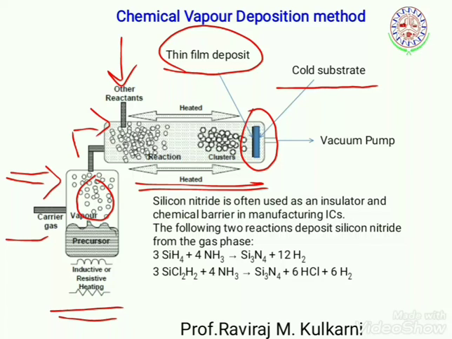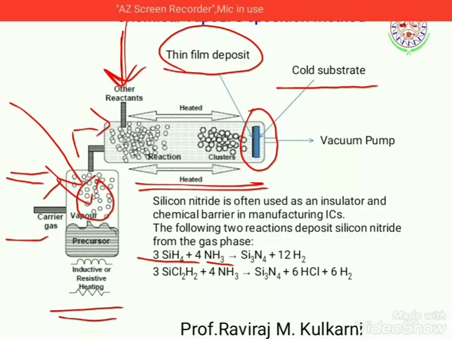For example, silicon nitride is often used as an insulator and chemical barrier in the manufacture of ICs, integrated circuits. So these two reactions take place. If you use silane and ammonia as reactants, silane here is the precursor, and ammonia you are adding from here.